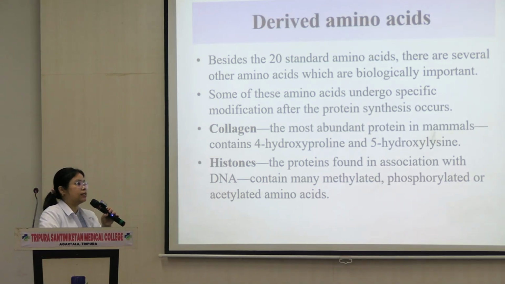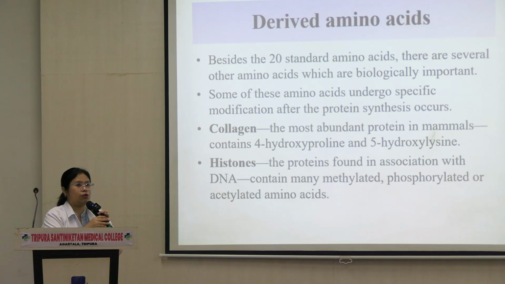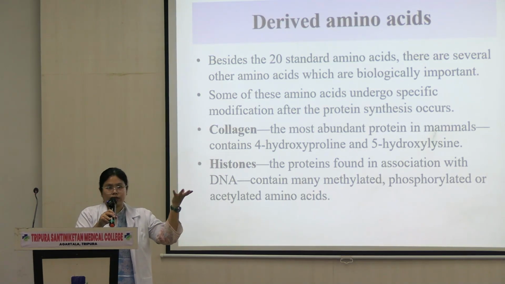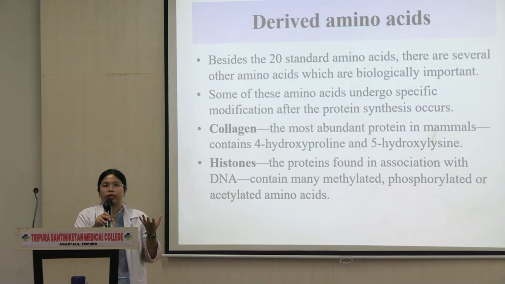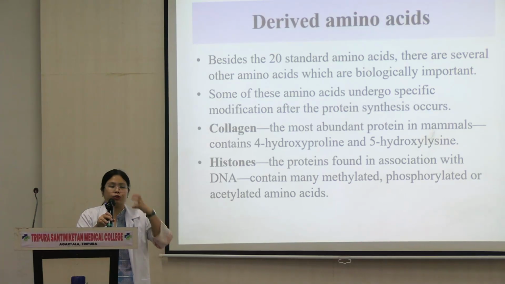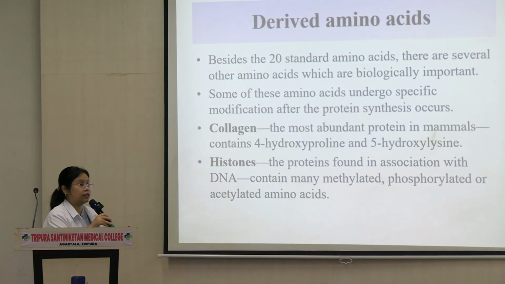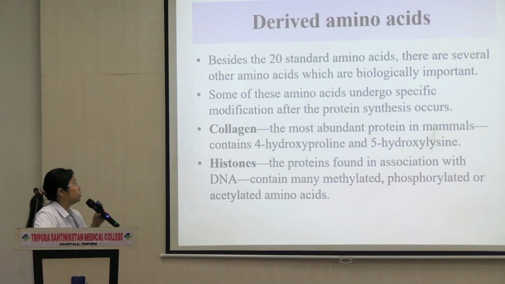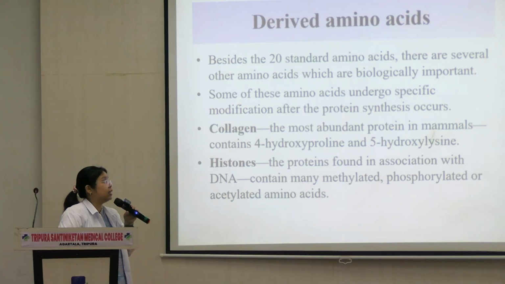After the formation of these amino acids and proteins, some of them undergo post-translational modification, which means amino acids together formed a protein through the process of translation, and after they have become a protein, they undergo modifications so that it becomes fully functional or gets activated. One example is collagen, the most abundant protein in mammals, which contains hydroxyproline and hydroxylysine.